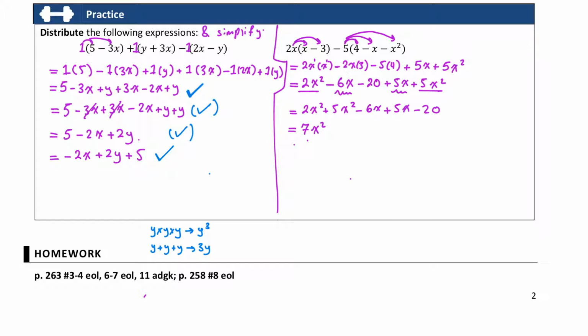And then I have negative 6x plus 5x, that's like taking away 6 oranges and then getting 5 oranges. So you will have a total of negative 1 orange, or just negative x. And finally the number stays the same, so I get negative 20 as my final value.